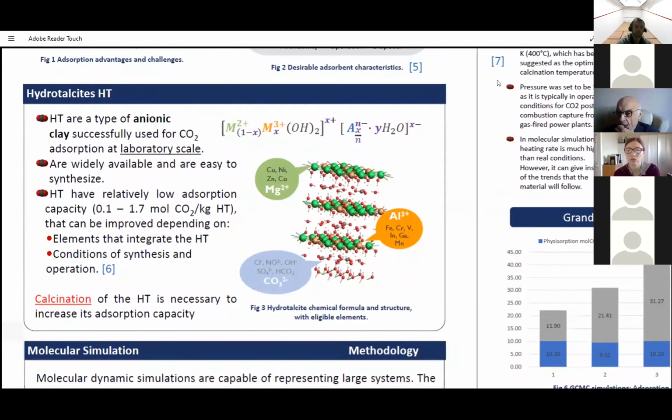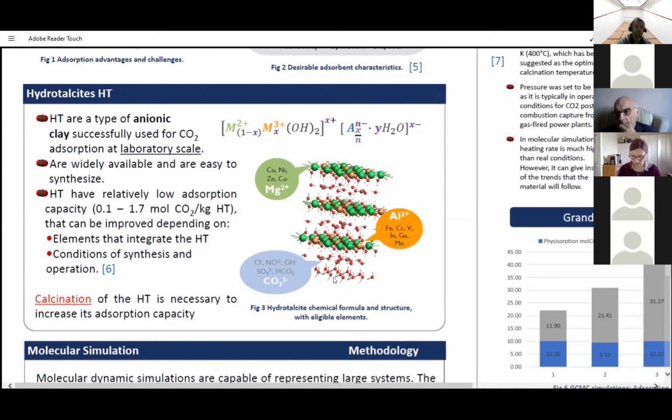So coming to the material again, I'm looking at an anionic clay, which means that here we have a layered structure. It is also called layered double hydroxide. And so the hydrotalcite has a base of cationic layers with hydroxyls. And then you have an anionic layer in which you can have different elements or molecules.